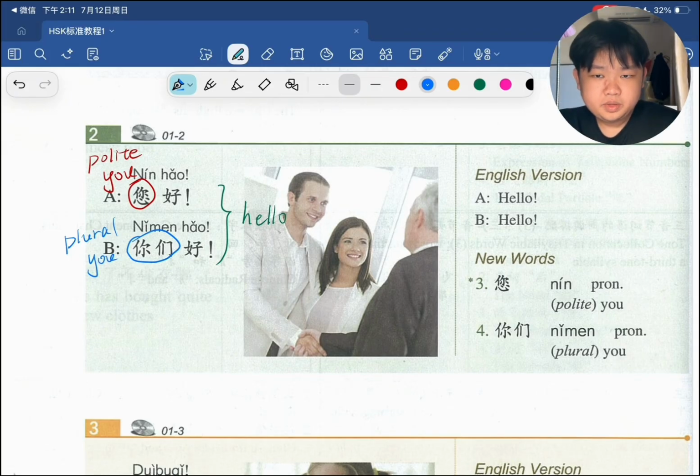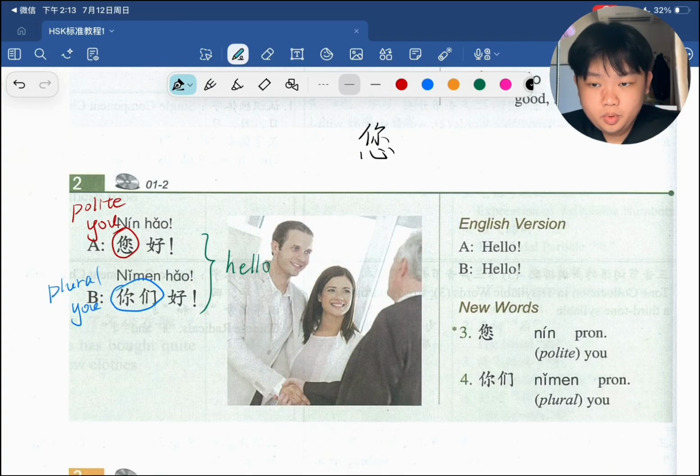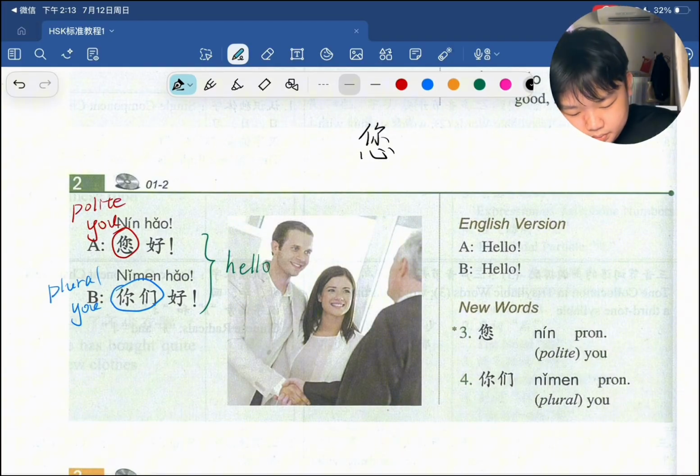Now, let me show you something beautiful about Chinese characters. If you look closely at the character 您, you will notice it's actually made of 2 parts. The top part is exactly the word 你, which means you.